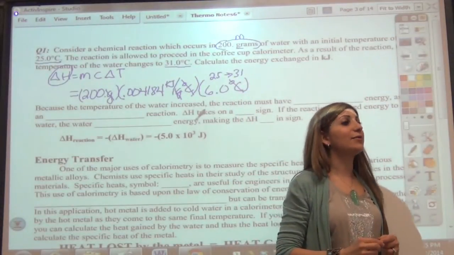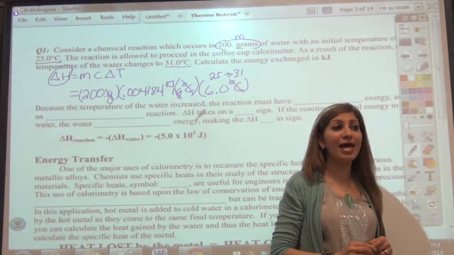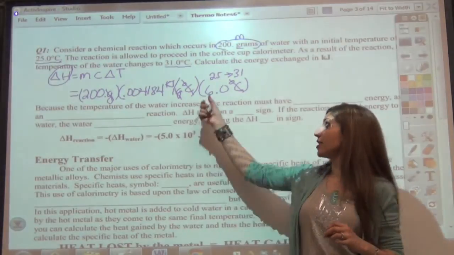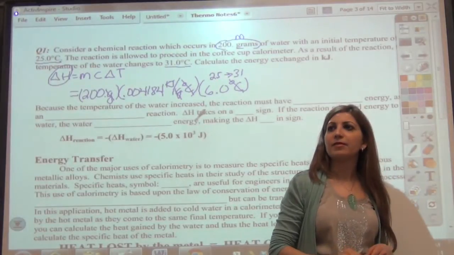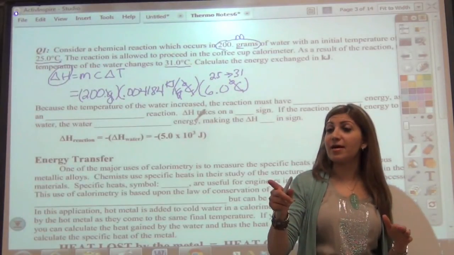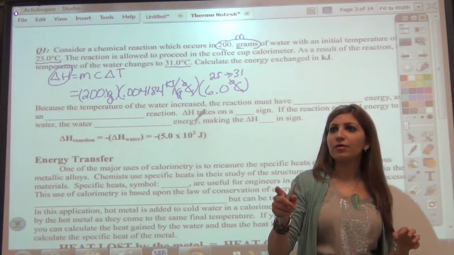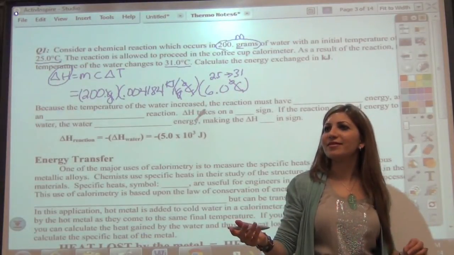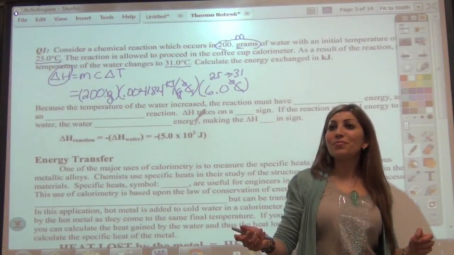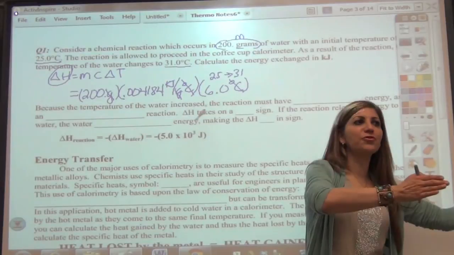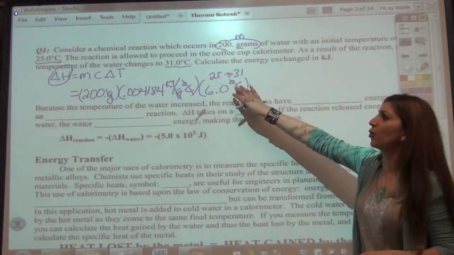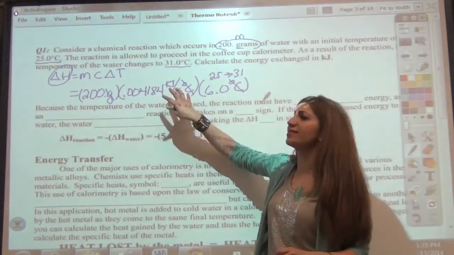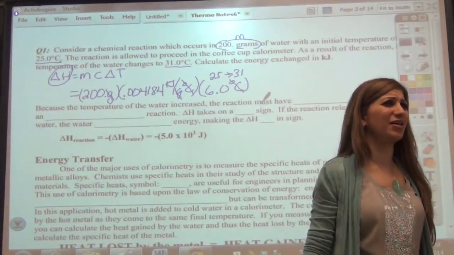But I'm going to tell you that it doesn't matter because you'll still get 6 degrees. Why? This is the absolute value. And not only that it's the absolute value, why is it the same difference? Perfect. You're adding 273 to both of them, so your difference is still going to be the same. So whether you use Kelvin or degrees Celsius, sometimes they'll give you your constant in Kelvin. It doesn't really matter.